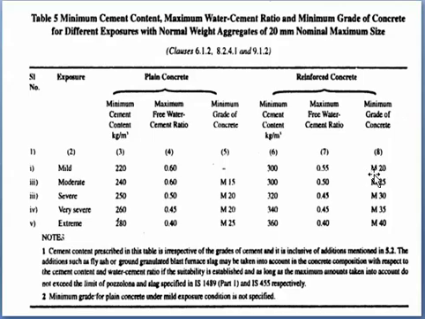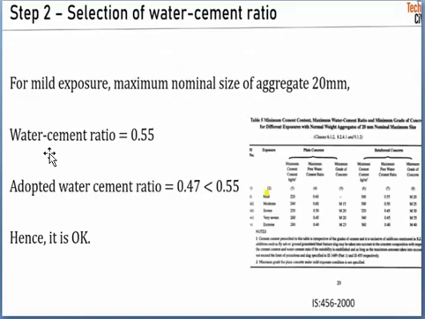So for M20 and mild exposure condition and for 20 mm aggregate size, the maximum free water cement ratio is 0.55. So students, just see this slide. Water cement ratio 0.55.